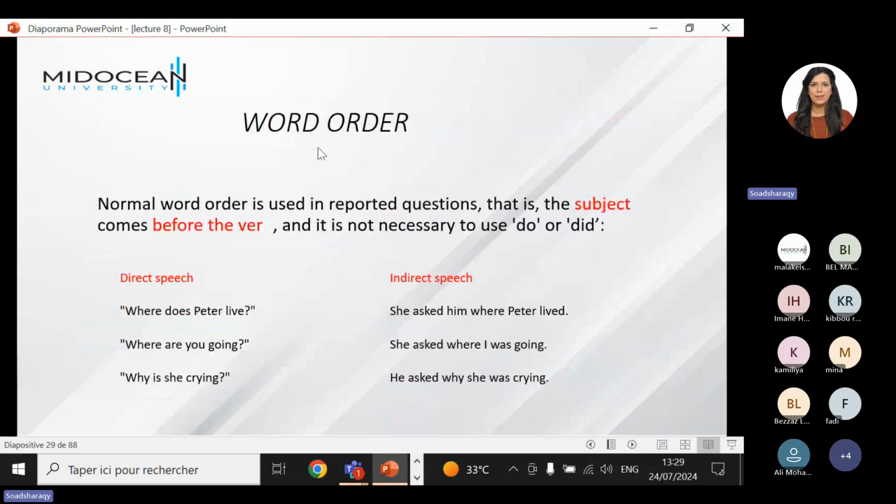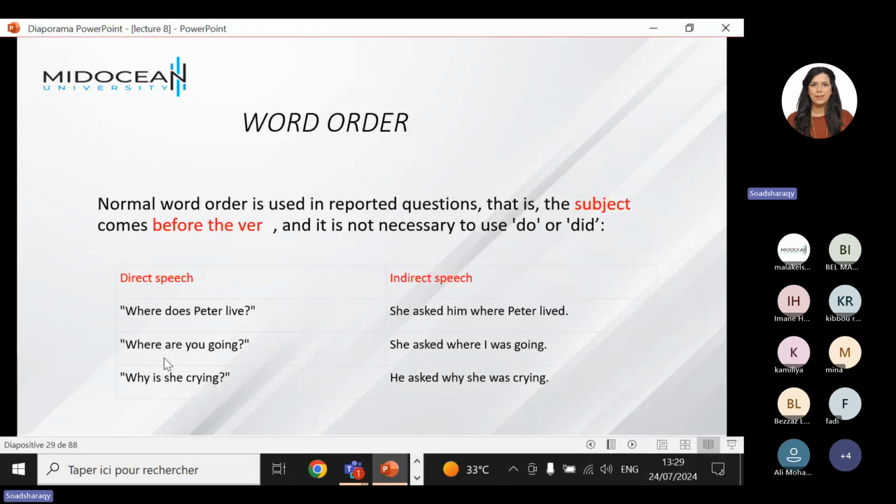Word order now. Normal word order is used in reported questions. That is, the subject comes before the verb, and it is not necessary to use do or did. Example number one, direct speech: where does Peter live? Indirect speech: she asked him where Peter lived. Example number two: where are you going?